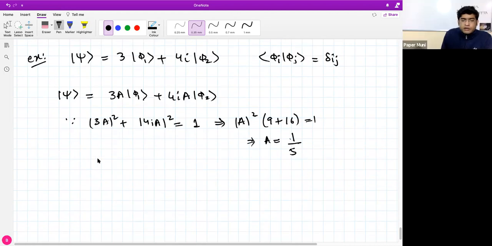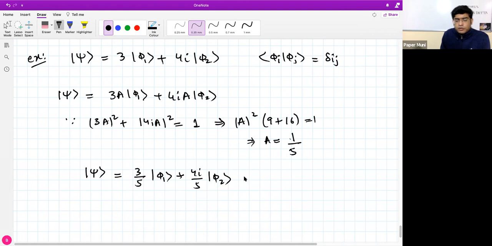Now if we multiply this in, the normalized psi comes out to be 3/5 phi 1 + 4i/5 phi 2. So this is what you get as the final normalized psi. This is normalized.